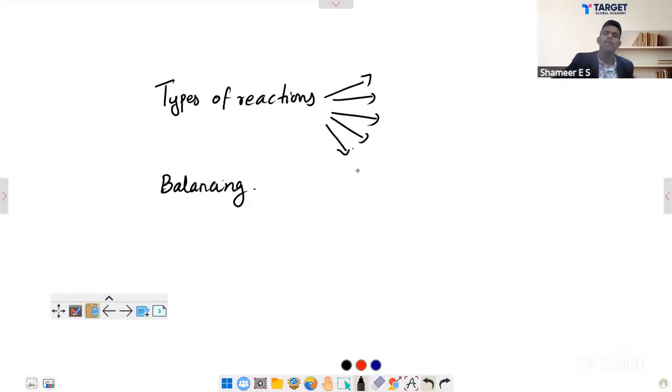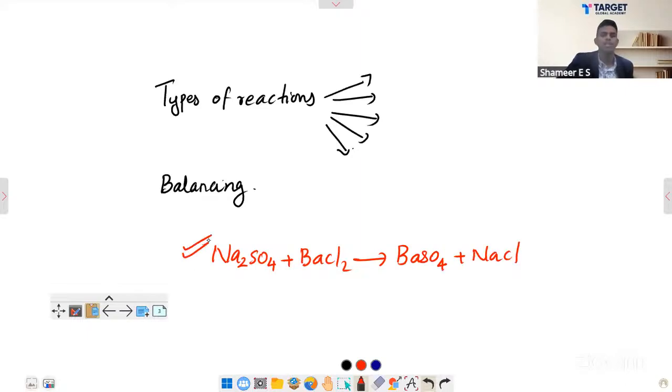For example, for a double displacement reaction, they will give a compound like Na2SO4 plus BaCl2. Your product will be BaSO4 plus NaCl. This reaction is very common in double displacement reaction.